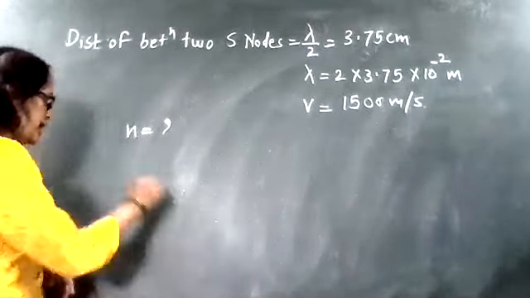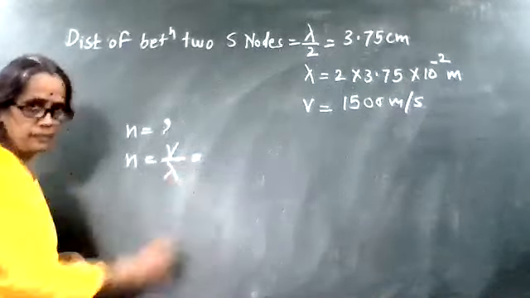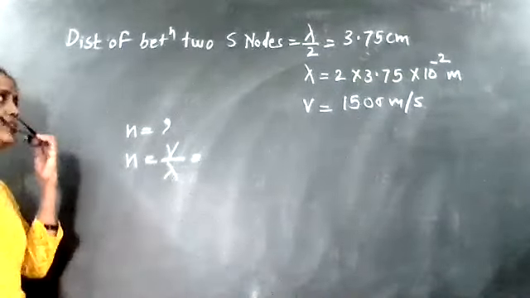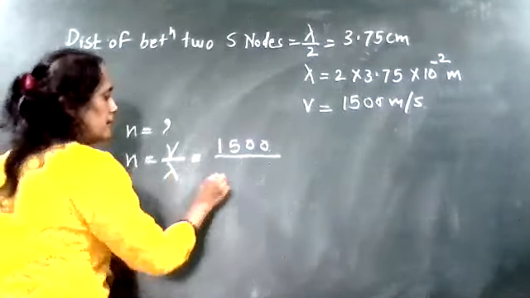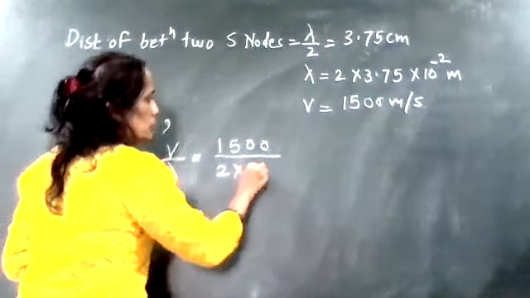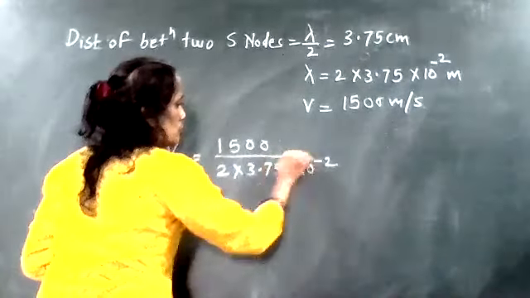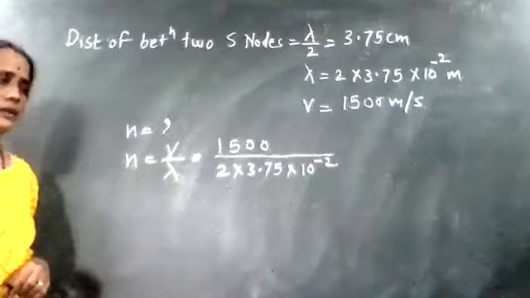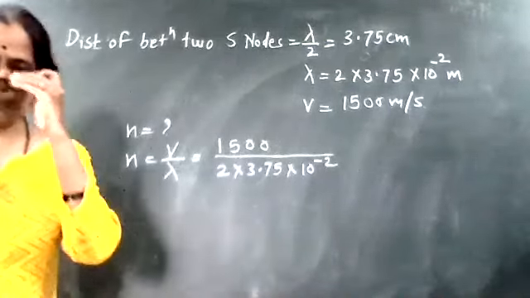Okay. So what formula do I write? N is equal to V by lambda. So now your V is 1500 divided by lambda. Lambda is 2 into 3.75 into 10 raised to minus 2. Right? So now you can see what values I am getting here.